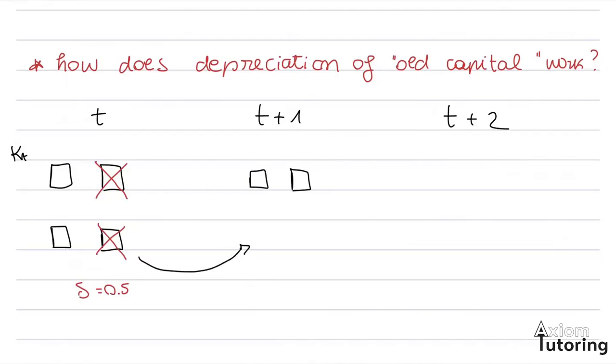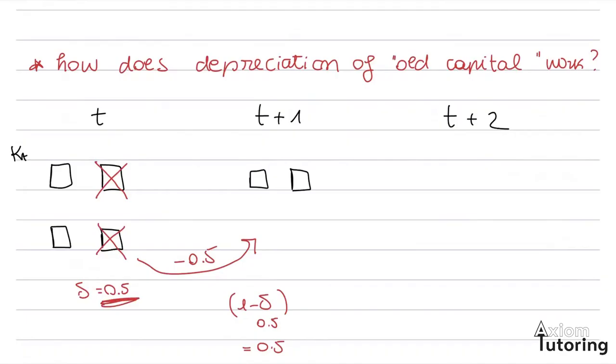So here we have our depreciation rate that works and leaves us with 2 machines. Hence, in period t plus 1, we are left with 1 minus delta, so 1 minus 0.5, which in our case is still 0.5 of the machines. But of course, we could assign any value to the depreciation rate.